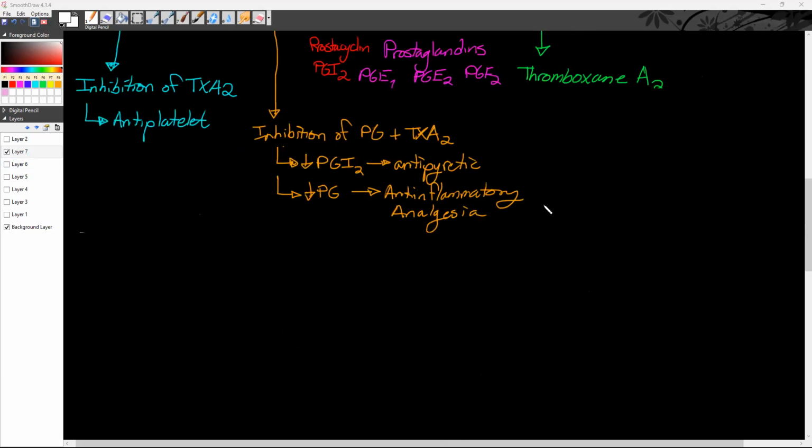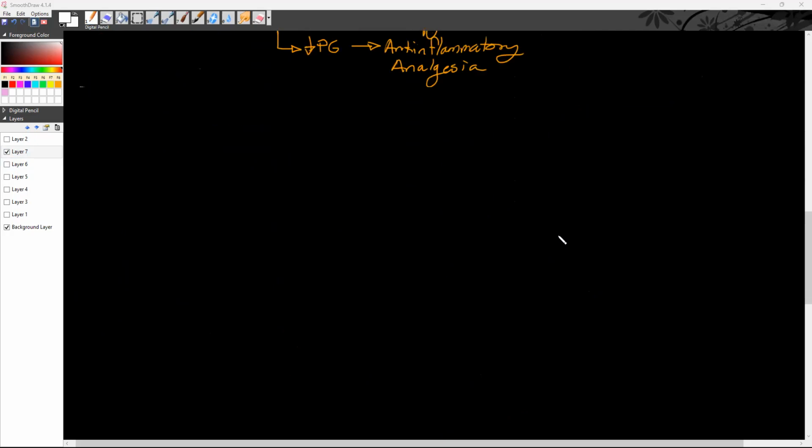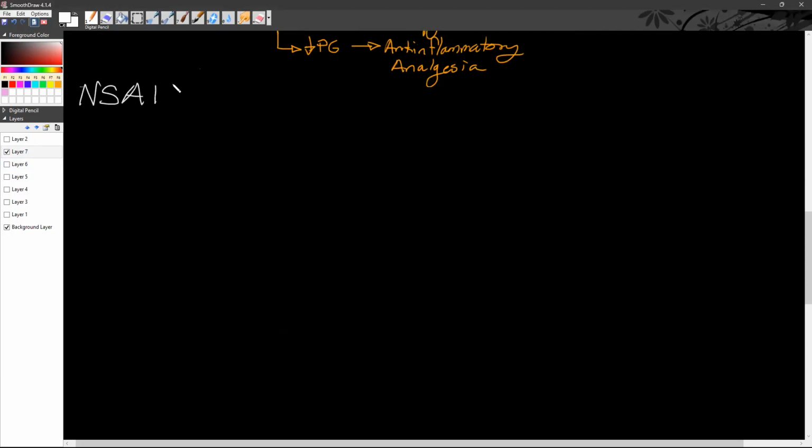All right. So we can talk about the NSAIDs very broadly because for all intents and purposes, they act the same way. The NSAIDs are a group of drugs that are reversible COX-1 and 2 inhibitors.